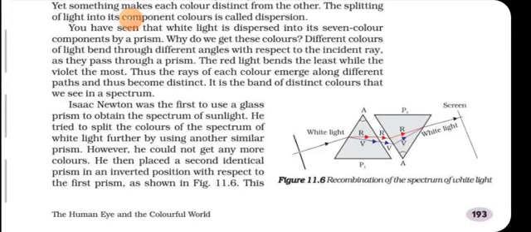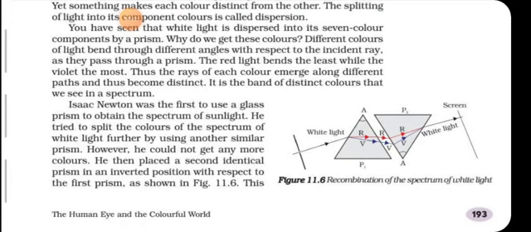He failed. Though he kept more than 2 or 3 prisms at the same time, only 7 colors were seen, and so he came to a conclusion that from a white light only 7 main colors are made: violet, indigo, blue, green, yellow, orange, and red.